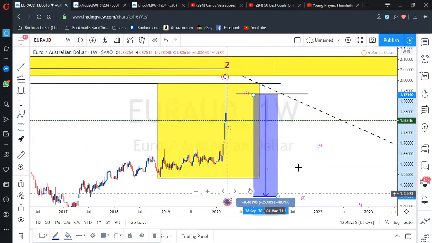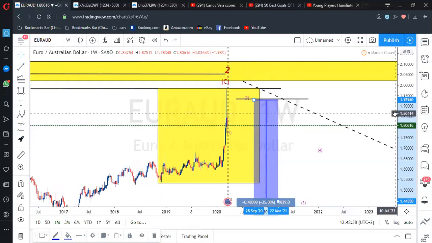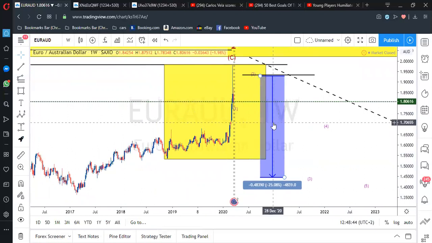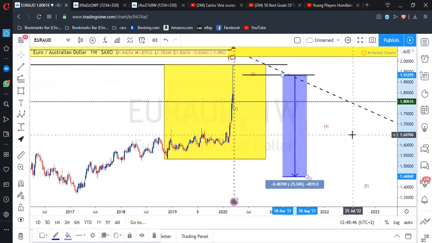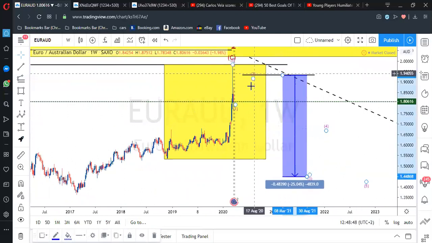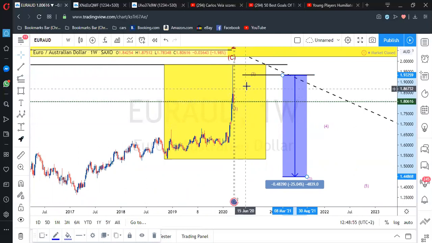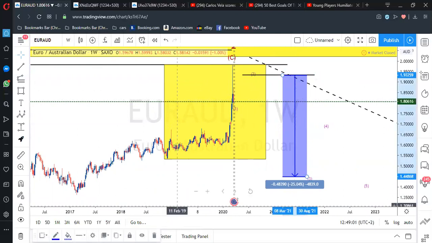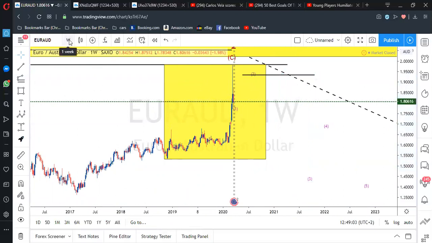That is 23, 25% in price. That is crazy. That'll take the next 2 years or the next 3, 4 years. So what we're looking for is this nice sweet sell all the way down. As for now, yes, you can look for a buy because it looks like it's going to be a nice buy for the next 3, 4 months. It looks like that because we're looking at it from a weekly chart.